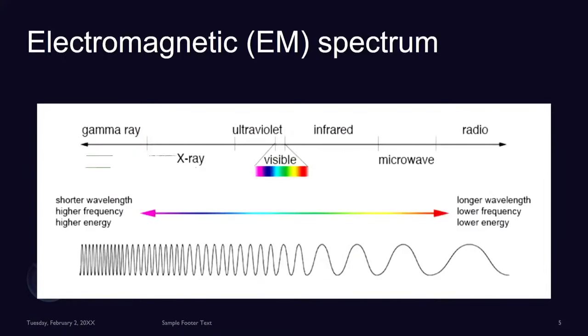The entire electromagnetic spectrum covers everything from gamma rays to radio waves, with decreasing frequency and increasing wavelength. With our eyes, we can see only a small part of it, the visible range, but satellite sensors can capture information in the infrared or microwave wavelengths as well.